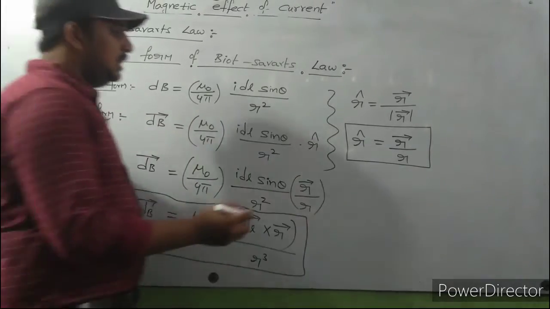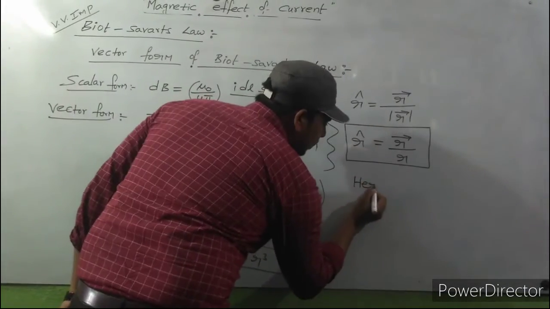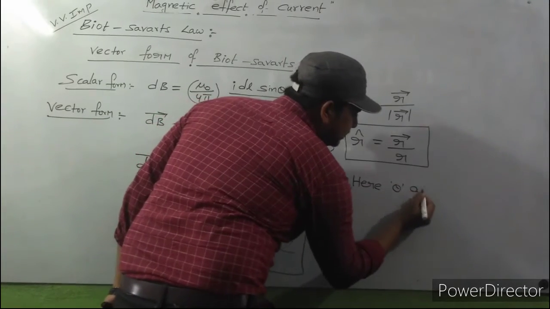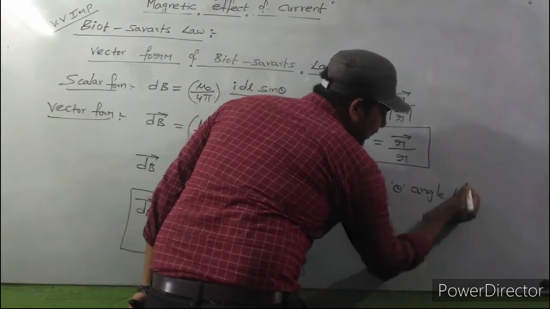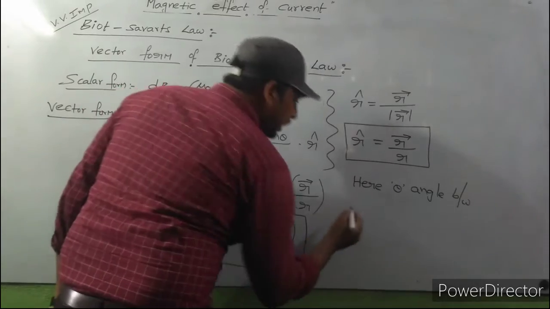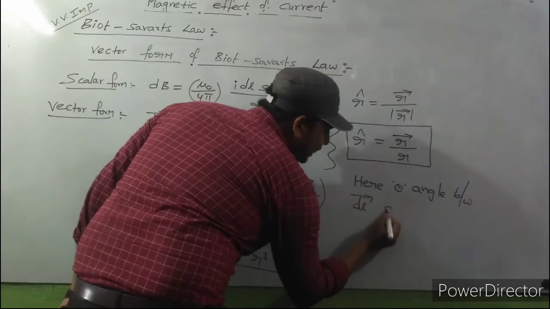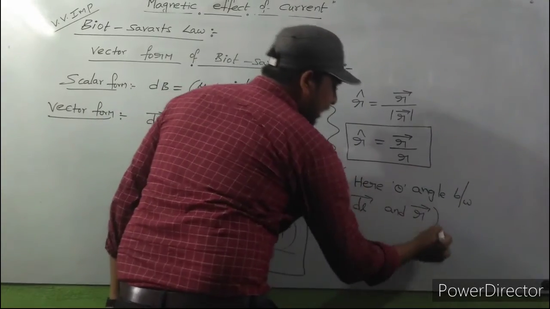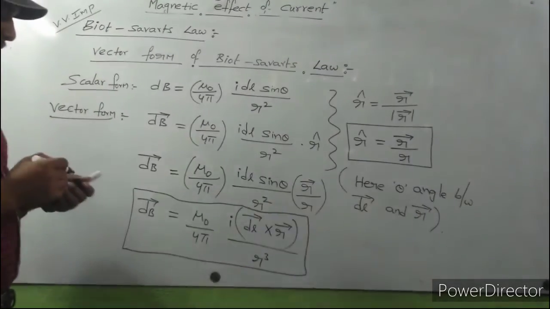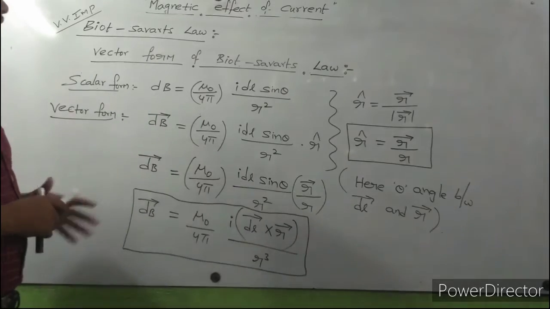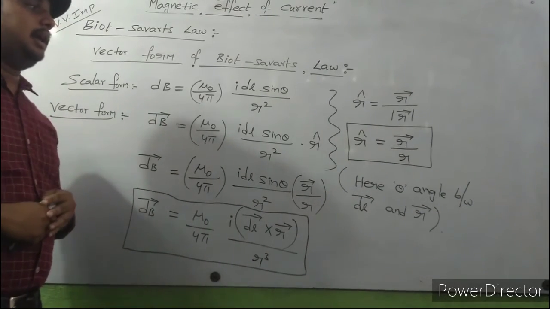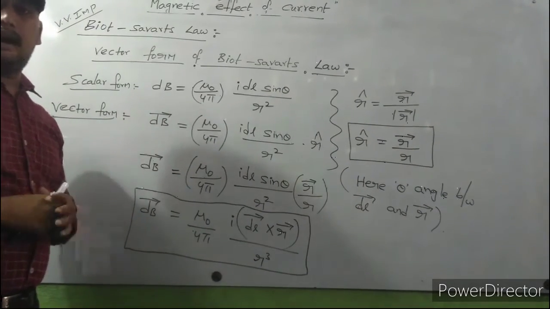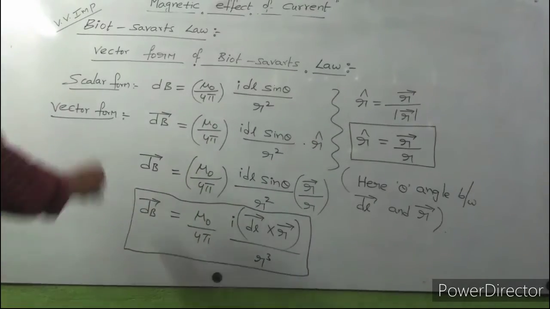Here theta is the angle between dl bar and r bar. So next.